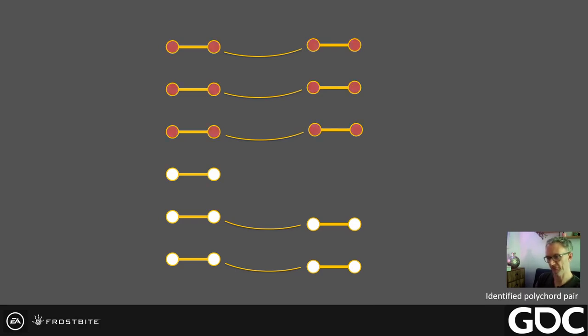So the way we handle this is by finding the parts of the polychords which are most symmetric, and from that finding pairs of polychords in the flock which are most symmetric. Because we shouldn't forget that we're kind of expecting the mesh to be basically bilaterally symmetric, if it is symmetric. And so we expect to find matching left and right pairs, or an approximation to that.